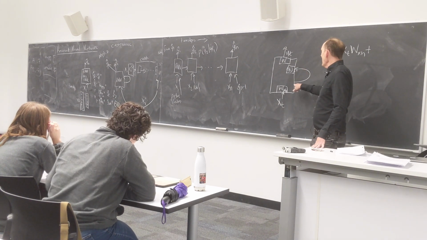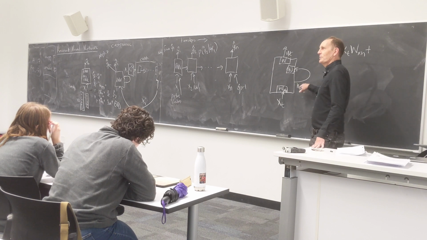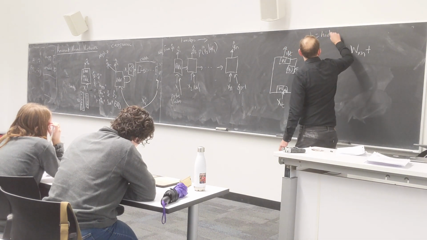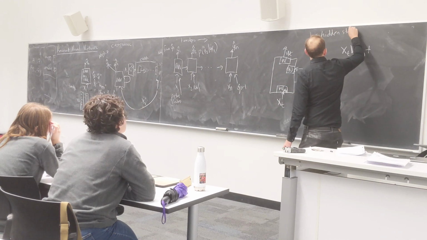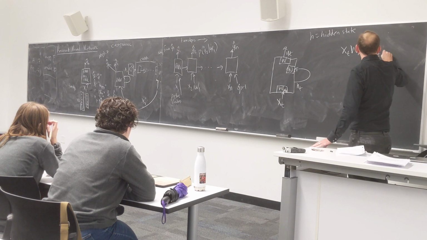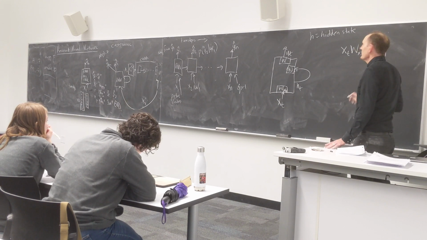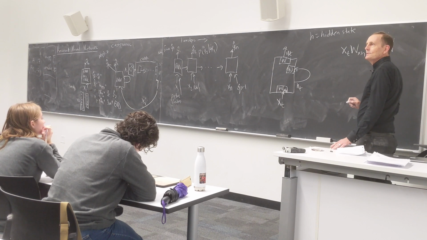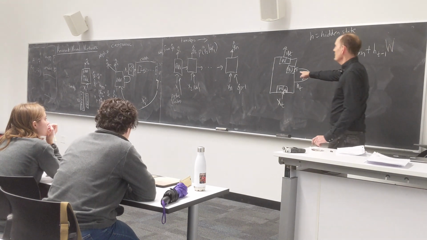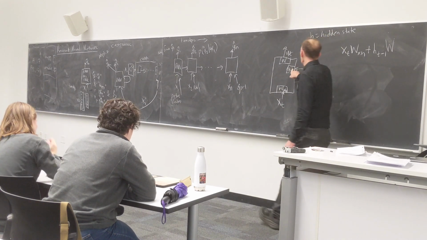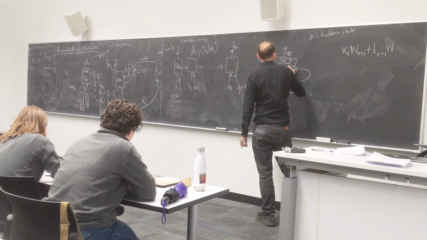I'm sorry, the state from the previous time step. H is our hidden state. So the hidden state from the previous time step is H t minus 1. What weight matrix are we going to multiply by? We're going to take the previous time step and multiply by this weight matrix, which we're going to call WHH.